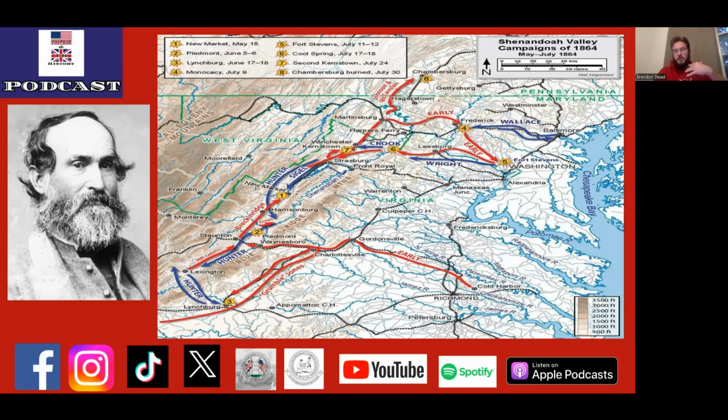So Grant is attacking Lee. He goes after Lee during the Overland Campaign, where Robert E. Lee fights him at the Battle of the Wilderness, and it goes on for a couple weeks, clashing for 2 months, until Grant decided to slip down by the right flank, passes by, and crosses the James River.